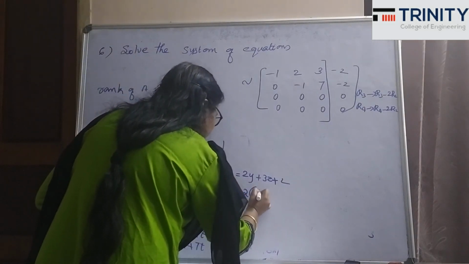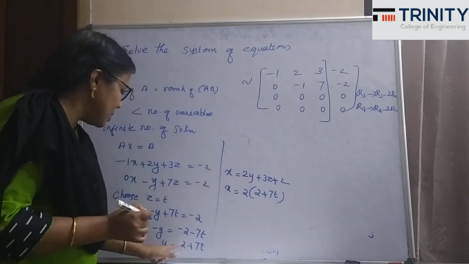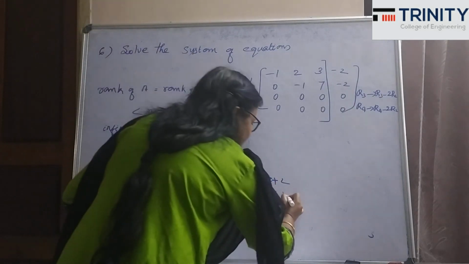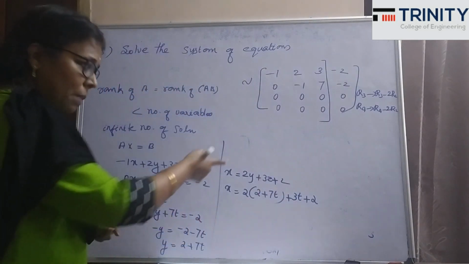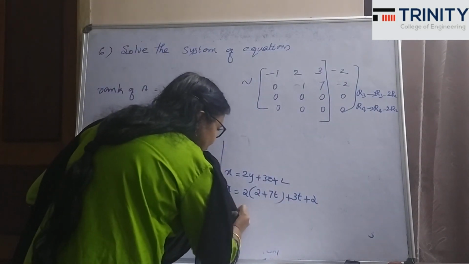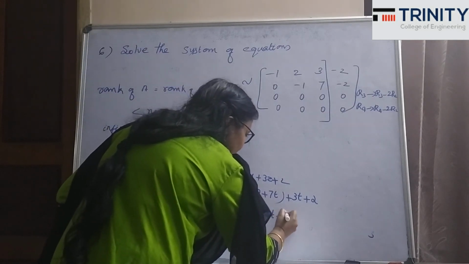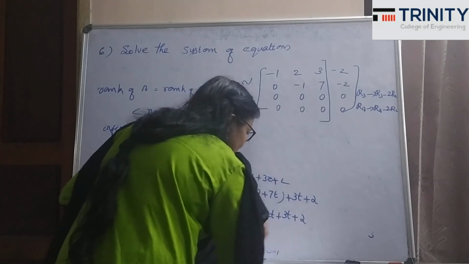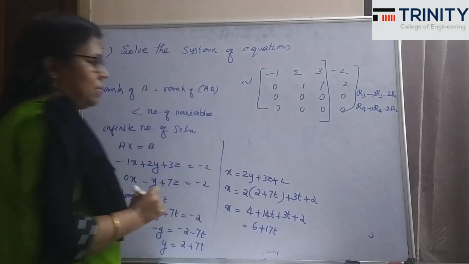X equal to 2 into y, which is 2 plus 7t, plus 3z, z is t, 3t, plus 2. By opening the bracket, we get x equal to 4 plus 14t plus 3t plus 2. That is 6 plus 17t.